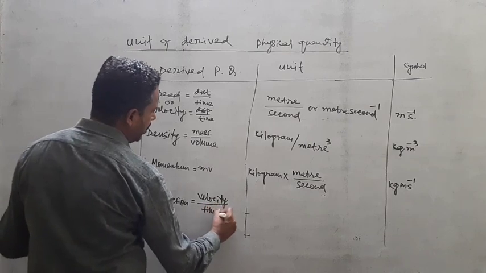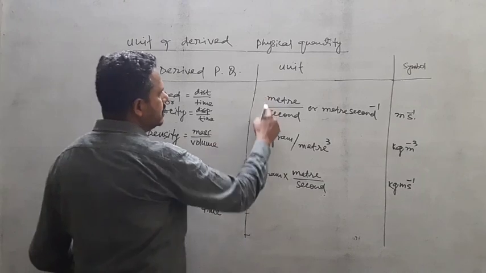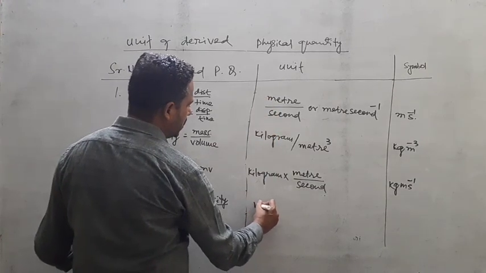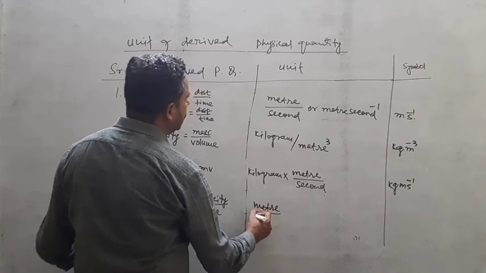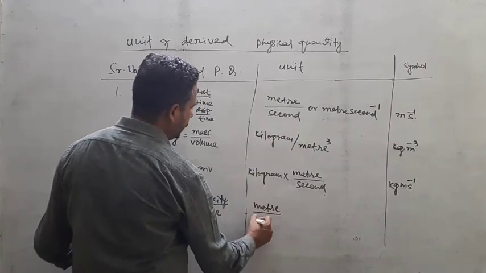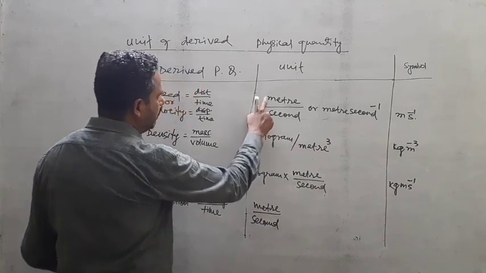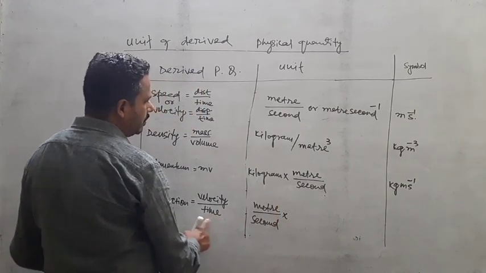You know velocity is displacement by time, that is meter by second. So you write meter upon second for velocity, and once again you have to write the unit of time.